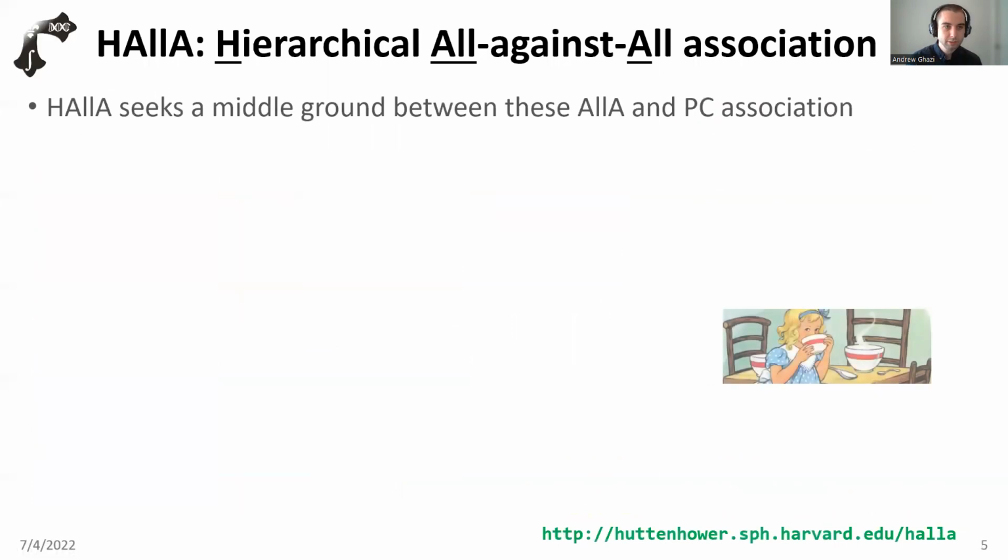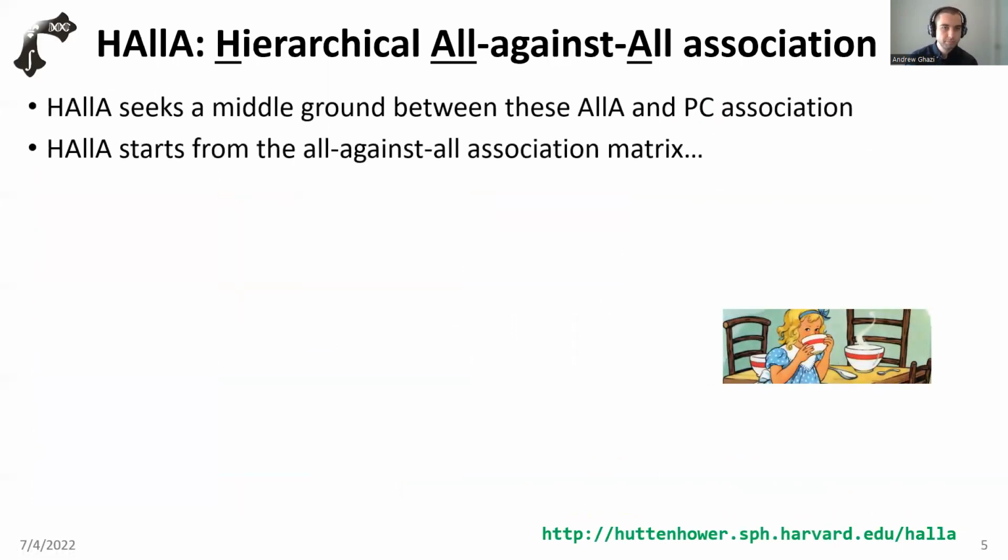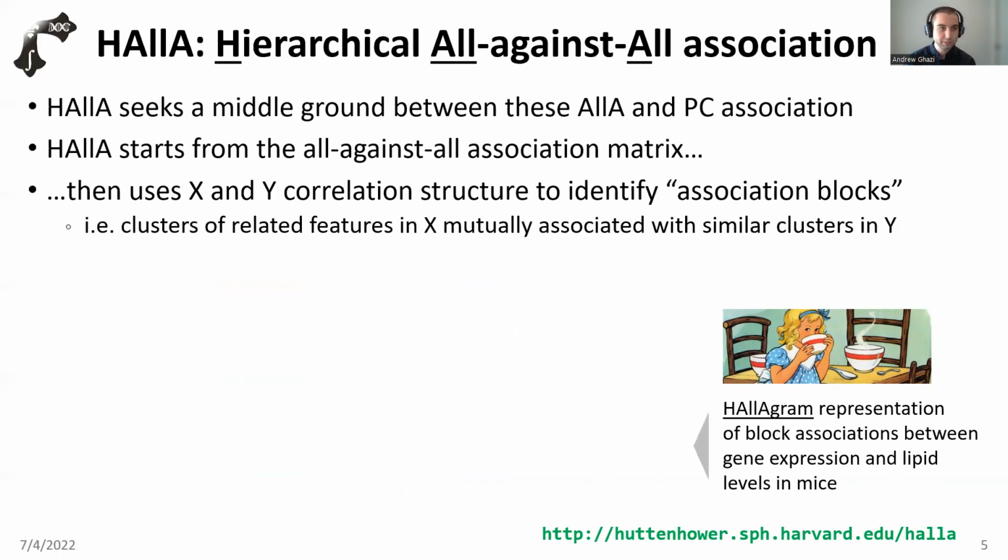So Hala seeks a middle ground between these two approaches. It starts with the all versus all association matrix, but then uses the correlation structure in the two high-dimensional data sets to identify blocks of associations.